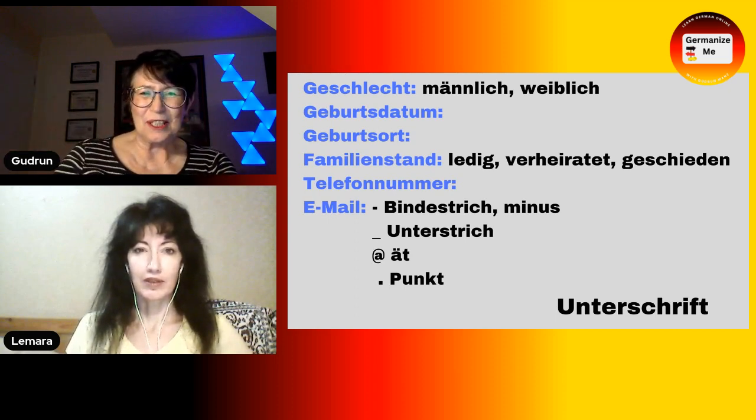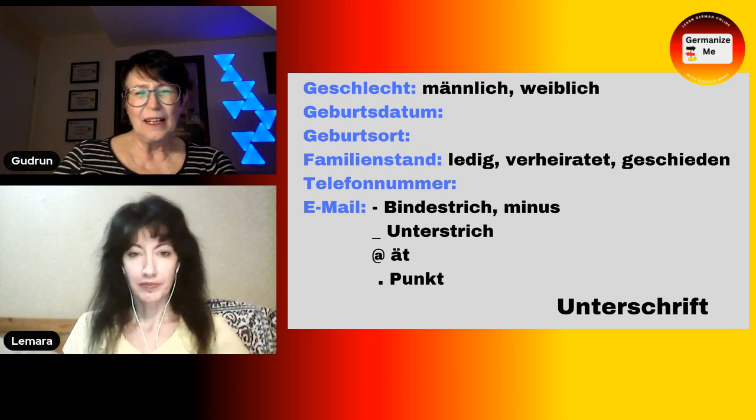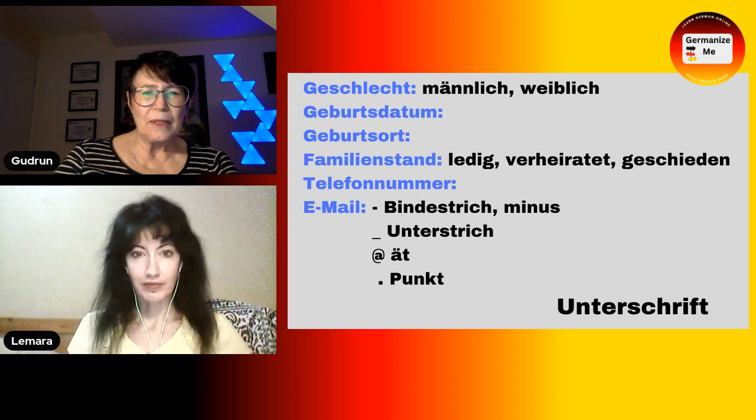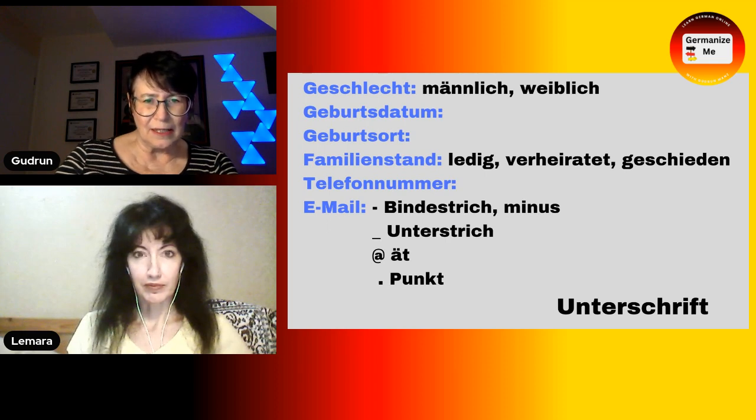At is also at in German, just with an umlaut. So we pronounce it at with this ä. Und Punkt, this goes not only for email addresses, also as a punctuation. This is the full stop or period. In German called Punkt.